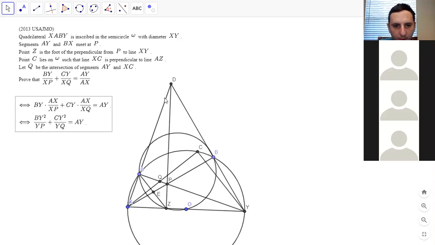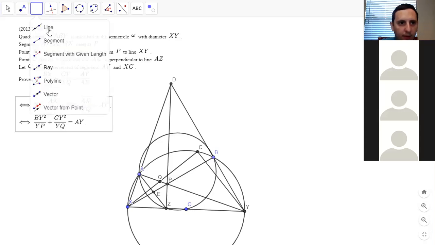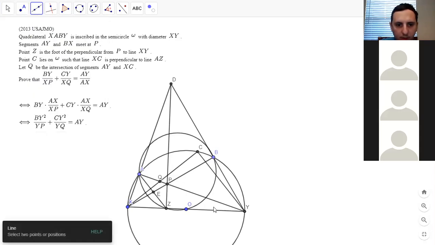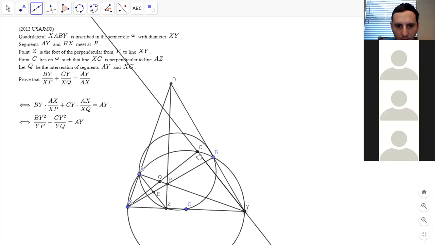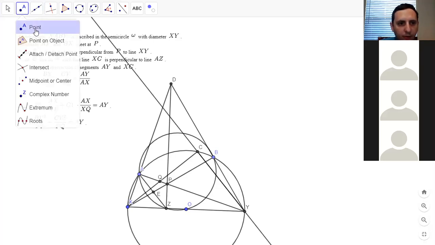If I extend YC to meet AX, then Q is going to be the orthocenter of that triangle.